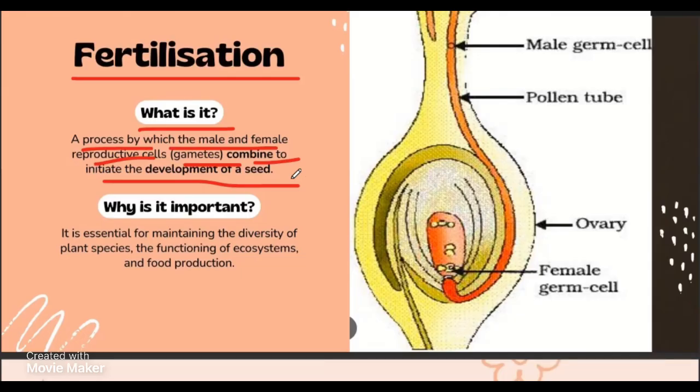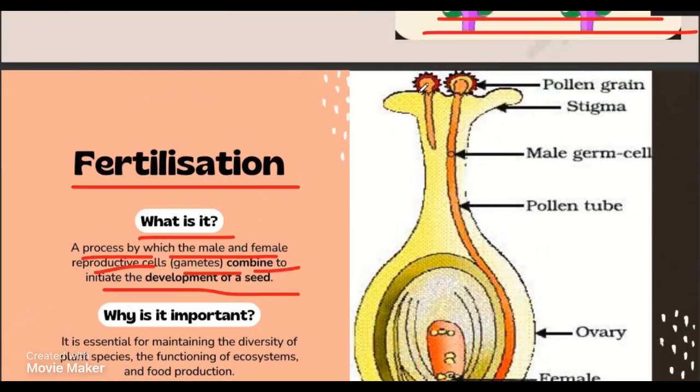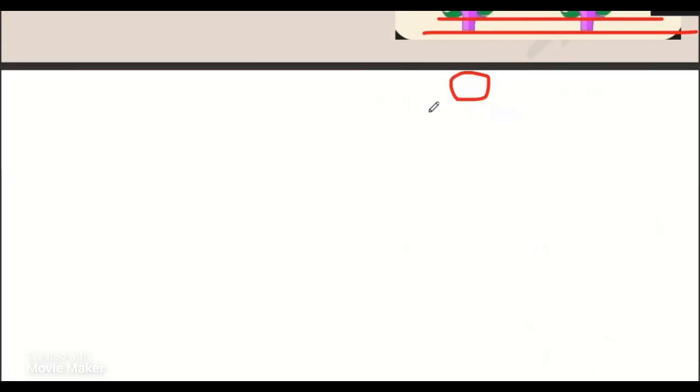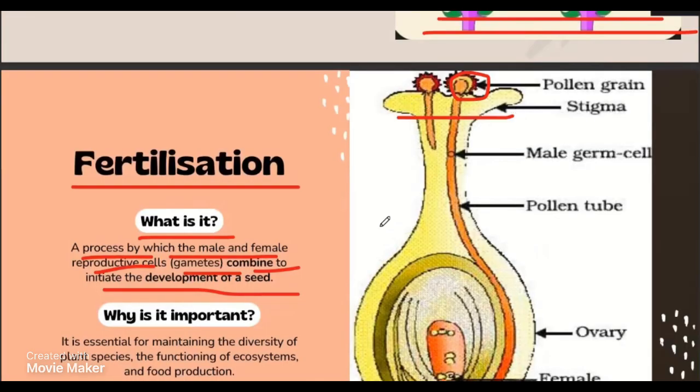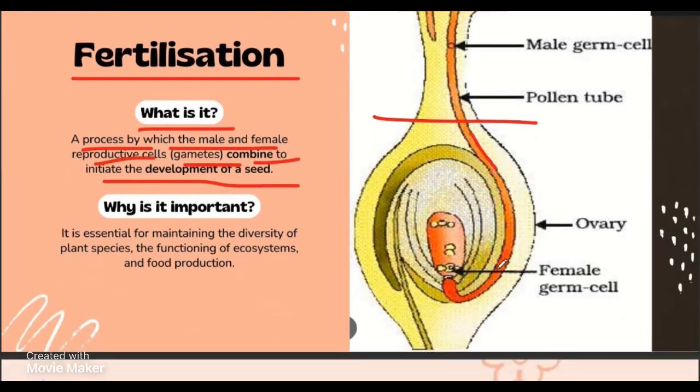The pollen grains will come to the ovule, as you can see here in the picture: here is the pollen grain, this is the stigma and this is the style. Pollen grains will travel through the style to reach the ovule through the ovary, and here the fertilization process takes place. This is what fertilization means.